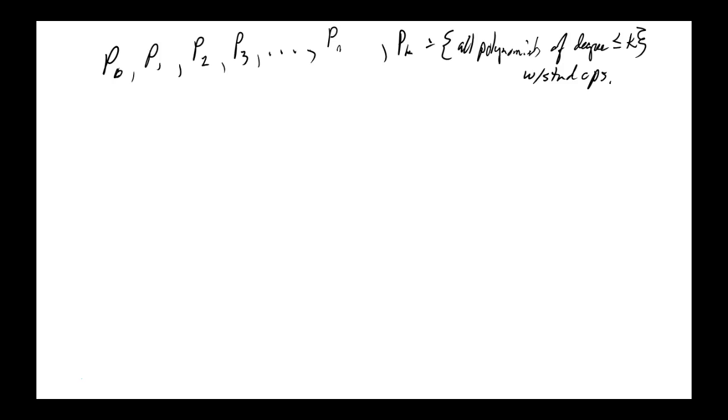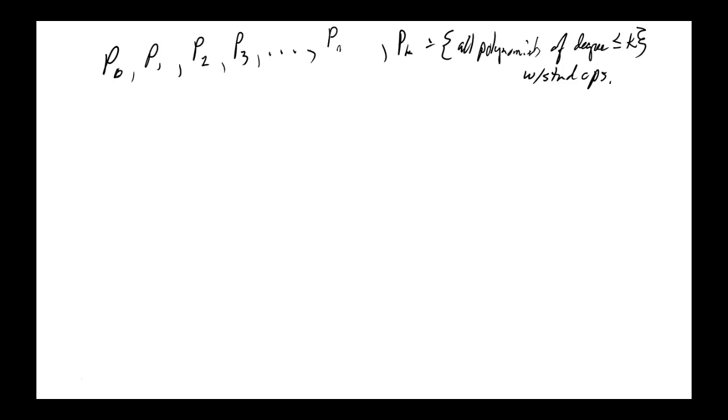Polynomials of degree 0 are constants. All constants, positive, negative, fractions, whatever. P1 are all first degree and 0 degree polynomials. So certainly P0 is a subset and a subspace of P1. And then P1 and P0 are subspaces of P2, and they're nested like that.